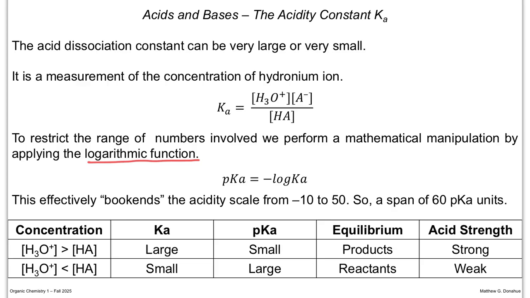So in chemistry, when you see that P, that means that a log has been applied to that. So pKa is the log of the acidity constant. And then you see that reflected on this side. So pKa is the negative log of the Ka, and that's log base 10.